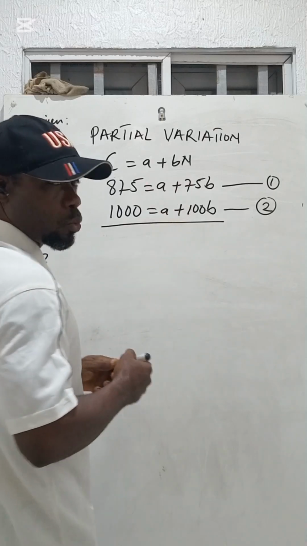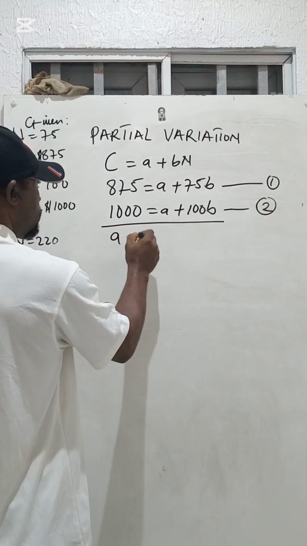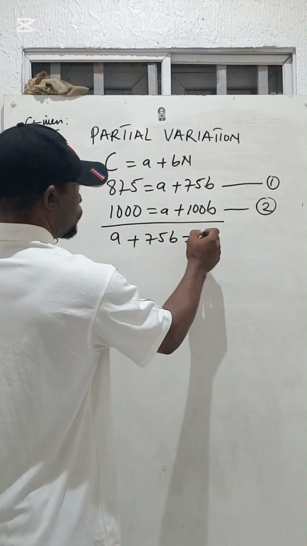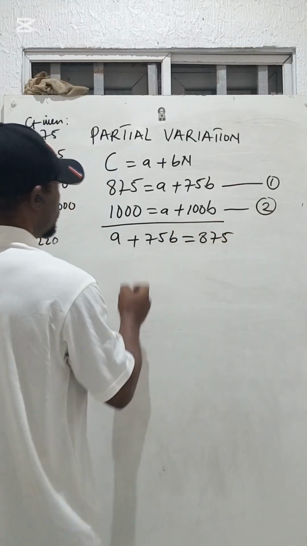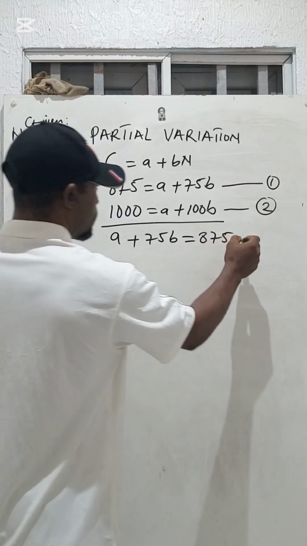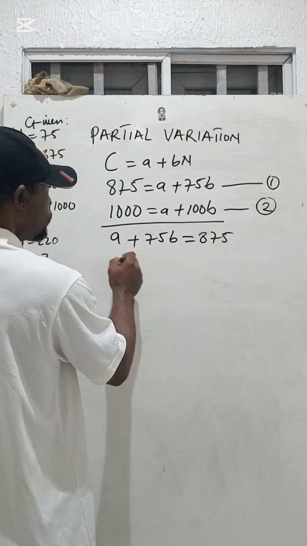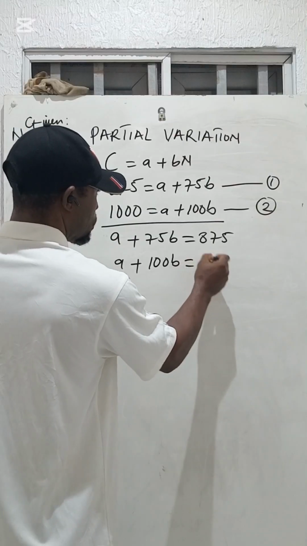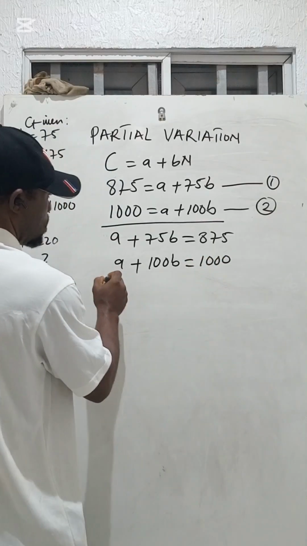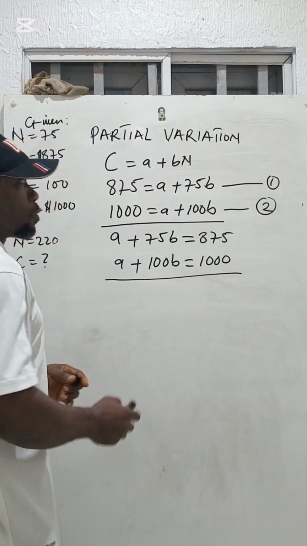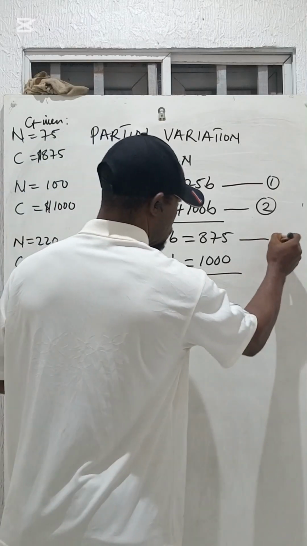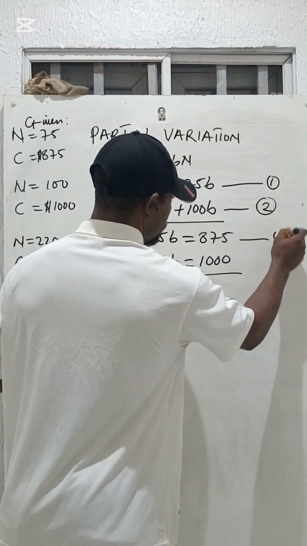I will rewrite these equations as A plus 75B is equal to 875, and A plus 100B is equal to 1,000. Let's still represent them as equation 1 and 2.